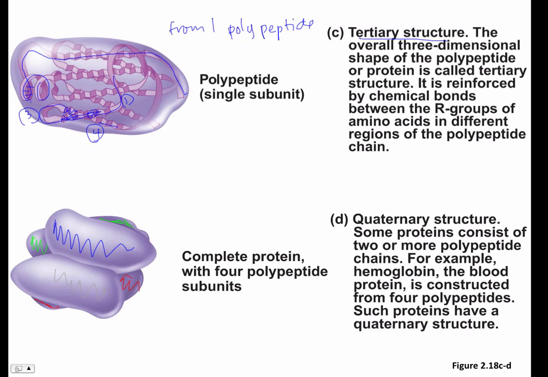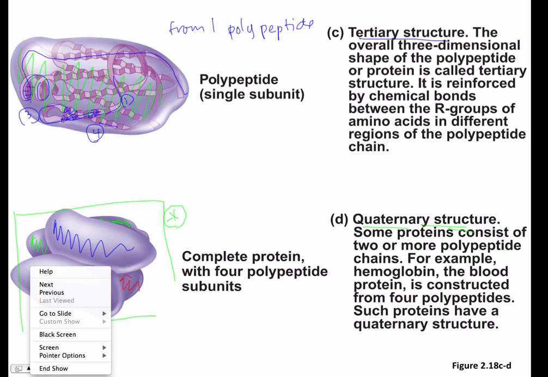The green one is going to be this one over here. And of course you make three more of those. These in turn can interact with each other and come together to form this larger unit, and this is a complete protein. This is called a quaternary structure. This is the final three-dimensional conformation, and this is the structure that carries out all the different reactions within our body.